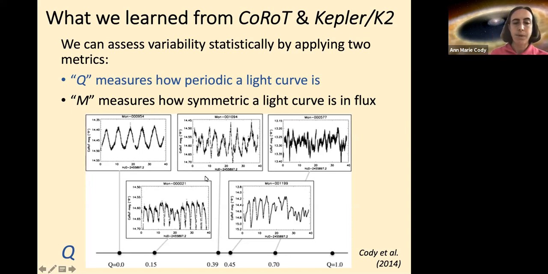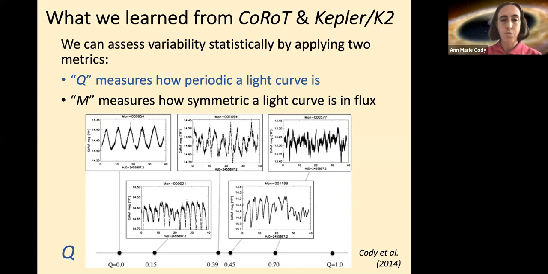In between, we have values of Q ranging from 0.15 to 0.7, 0.85, and those are what we would call the quasi-periodic behaviors, some examples of which you can see here, where there is a repeating pattern, but it's not perfectly repeating. So that is what this statistic called Q is.